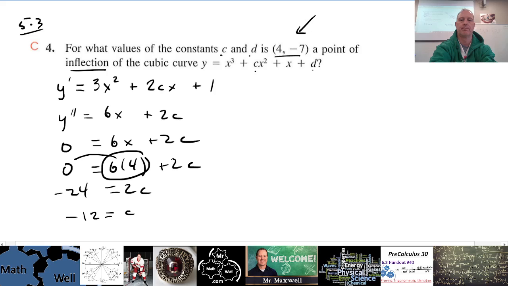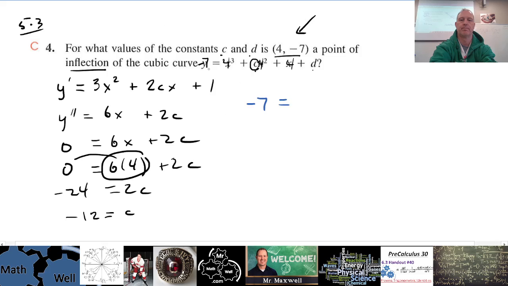So then, knowing that this 4, negative 7 is on the graph, I've got to find d as well. So d only exists in the original function. So if this y was negative 7, and x was 4 here, 4 here, 4 here, and c is negative 12, I should be able to solve for d. So I think that's what I'd like to try.